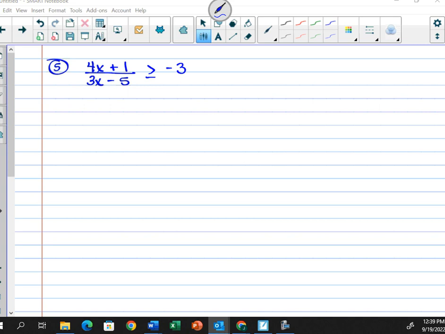You get some ugly numbers on this one, but that's okay. If you feel like, oh, I messed up, it's just that, think about when you're adding fractions, like if I have 1/3 plus... Just 3x minus 5.